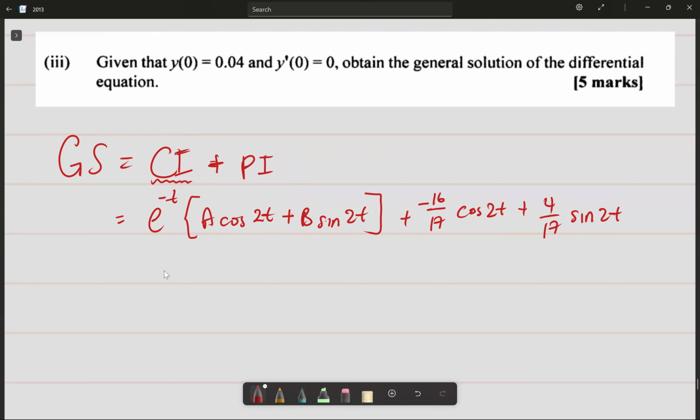So this is what y is. This is y of t, by the way. You could have had y of x from the very beginning or anything I feel like, but it doesn't matter.